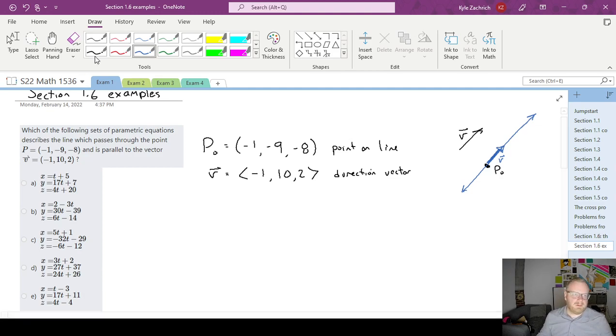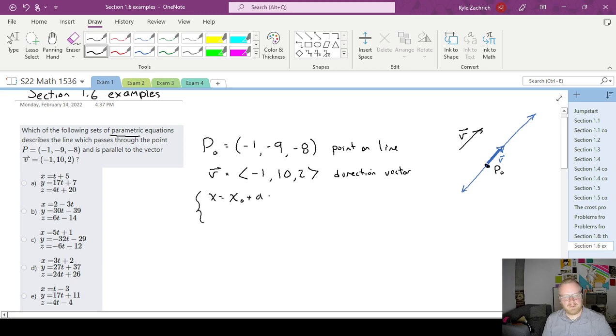Okay, so starting with this equation, since we're in parametric form, I'll just go ahead and write out all the equations.